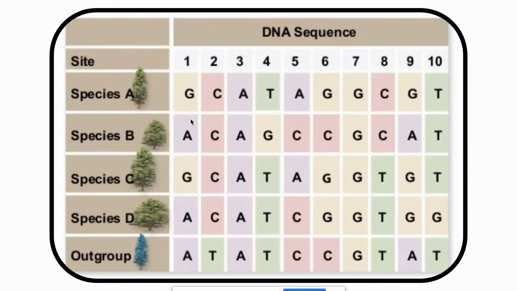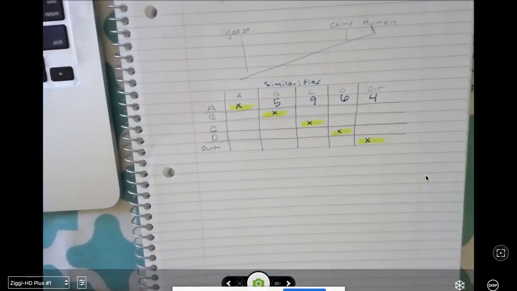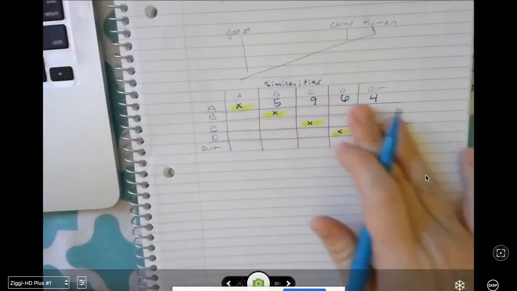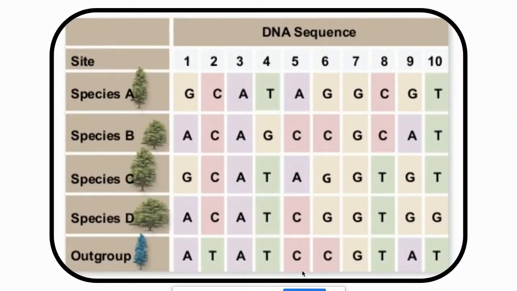So I'm going to go, there's 1, 2, 3, 4 similarities with my outgroup. Okay, take a second, please, and pause me talking once I get to this slide, and I want you to fill out the remainder of these boxes with this data.